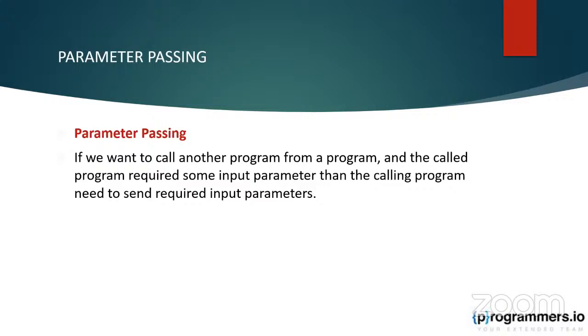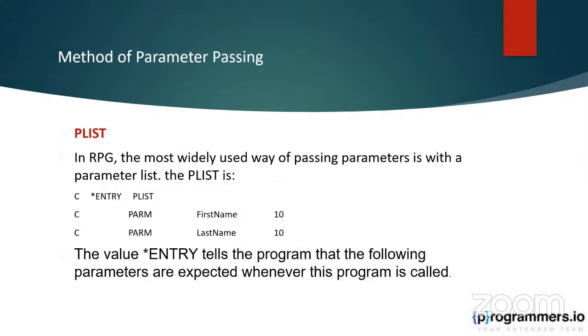The first, we can pass the parameters directly from the command line, and the second, we can pass the parameters by another program. In AS/400, basically we use PLIST. What PLIST does is define a list of parameters that will be used by the calling program. And what ENTRY does is accept these parameters in the program when we call this program.